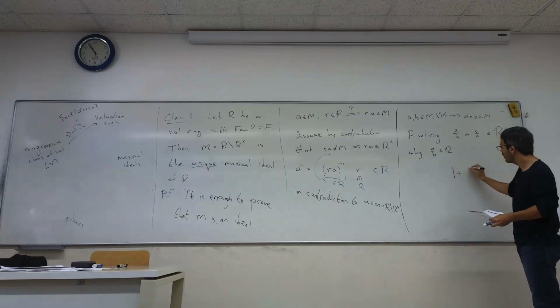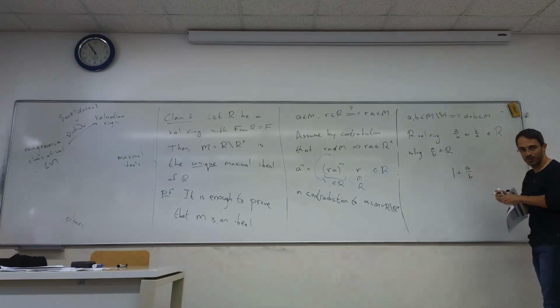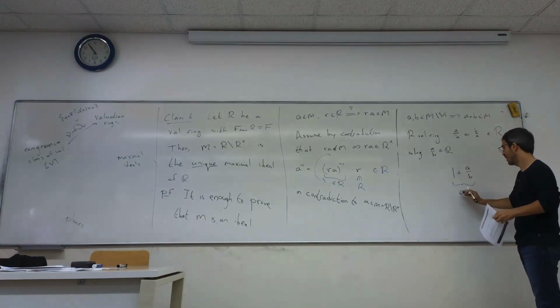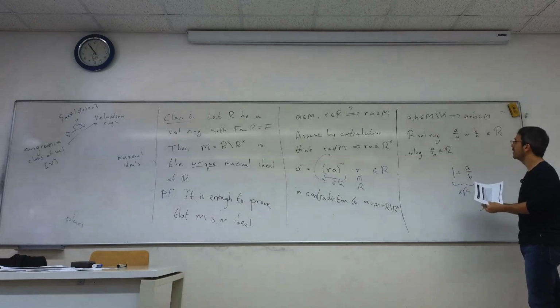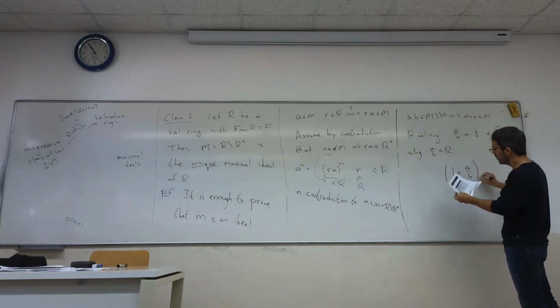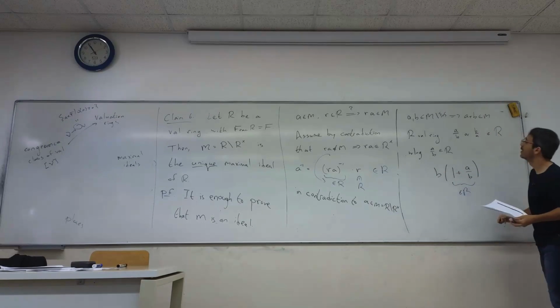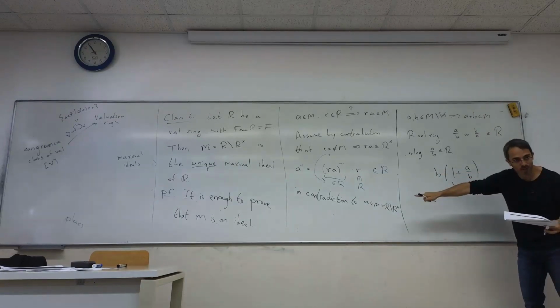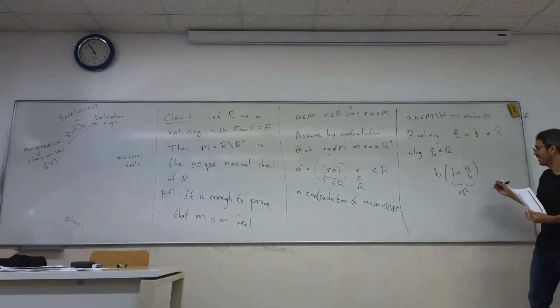So also 1 plus a over b is in R, because 1 is in R. And if I multiply it by b, because of the swallowing property, where am I?